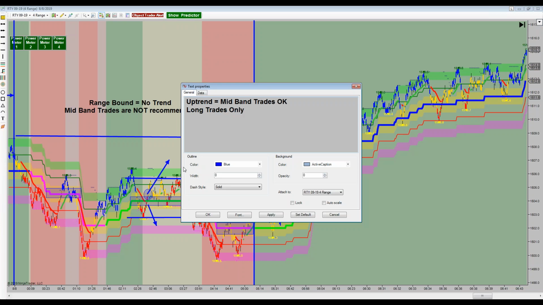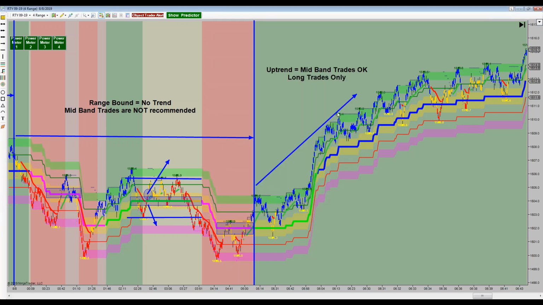When the market's trending up, it's okay to take mid-band trades. It's actually heavily recommended to do so in an uptrend on pullbacks, looking to the long side only. Okay? Everybody clear on that?